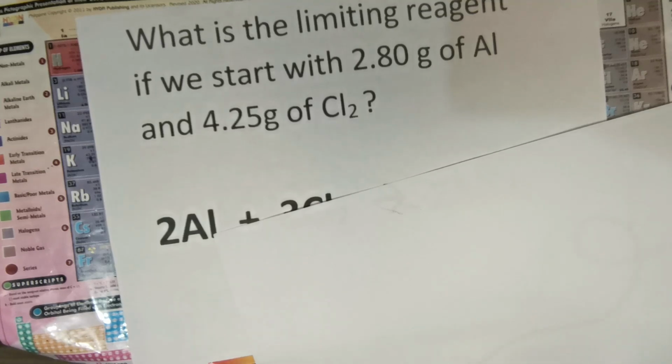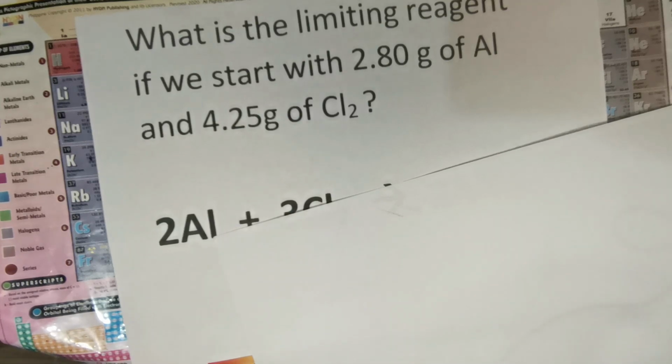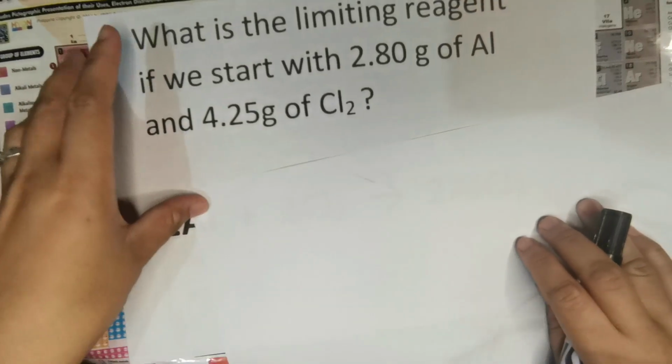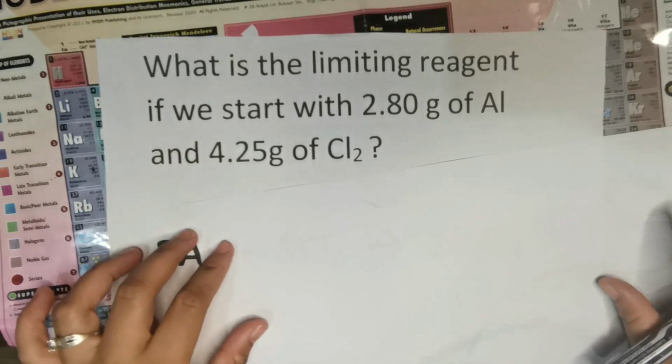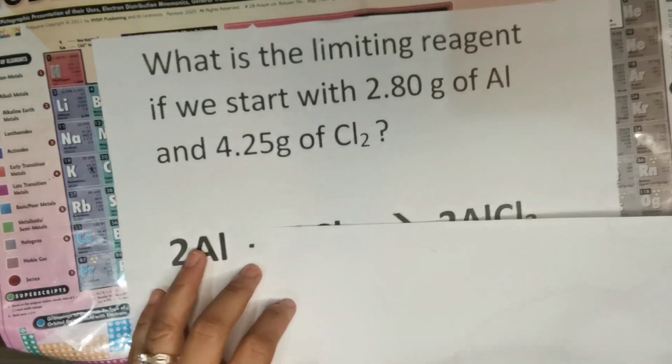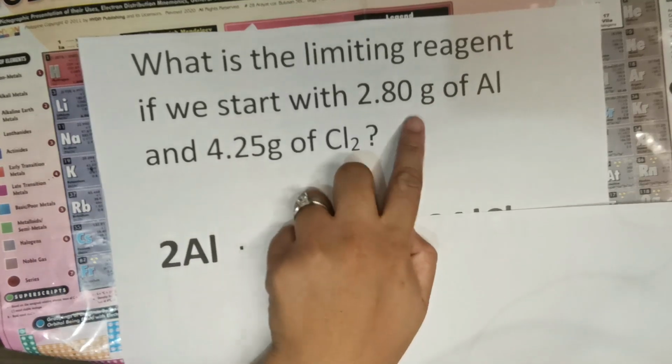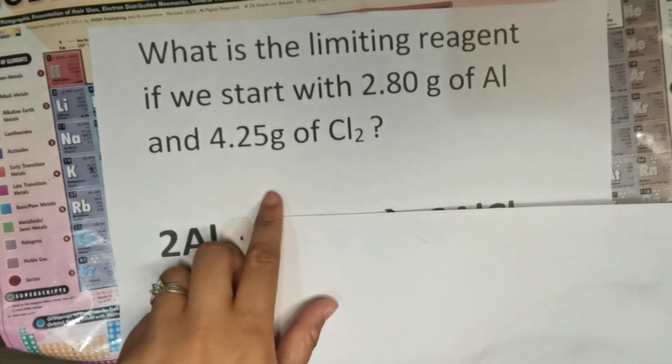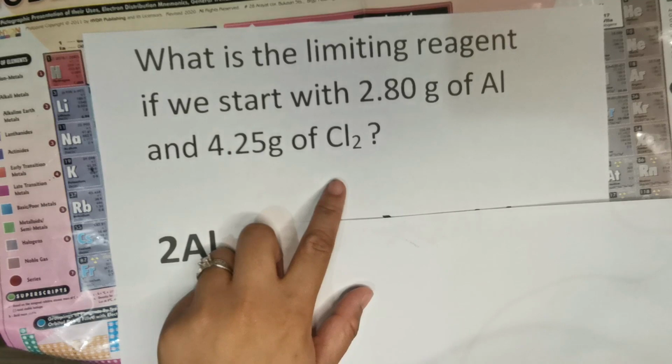We need to divide by its chemical or atomic weight. So meron tayong aluminum and chlorine. Sabi dito sa problem, meron tayong 2.80 grams ng aluminum tsaka 4.25 grams of chlorine gas.